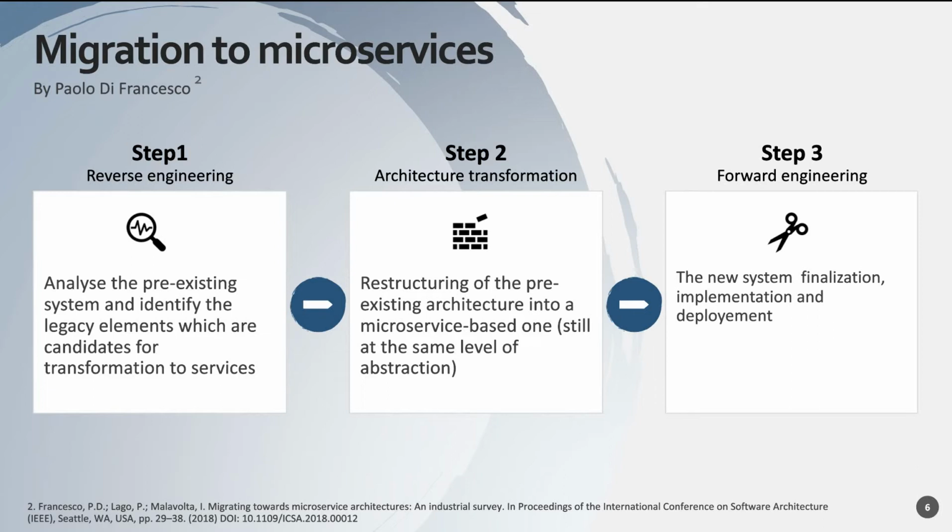On the reverse engineering step, the pre-existing system is analyzed to determine legacy code as a candidate to be transformed into microservices. On the step of architecture transformation, we restructure the pre-existing architecture into a microservice-based one. And on the last step, we finalize, implement, and deploy microservices.